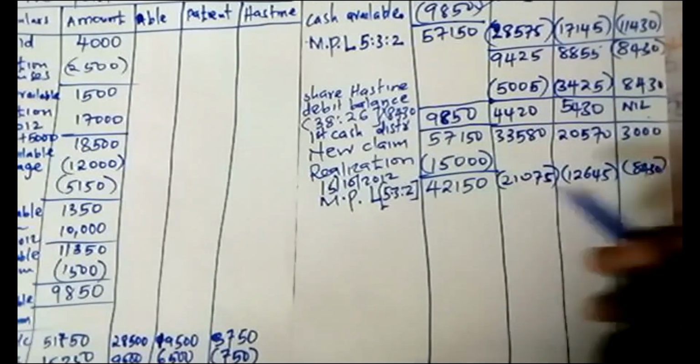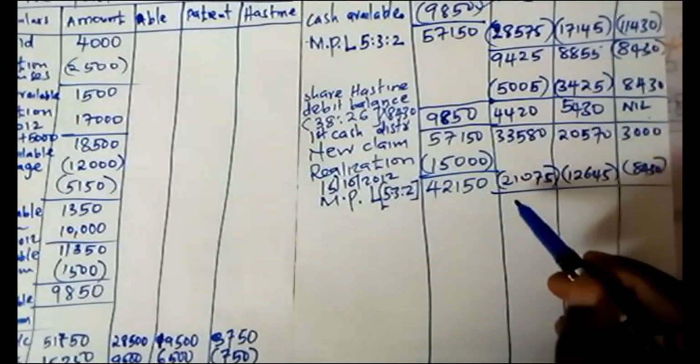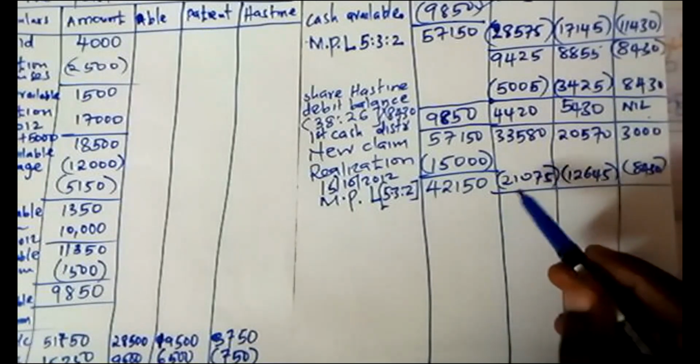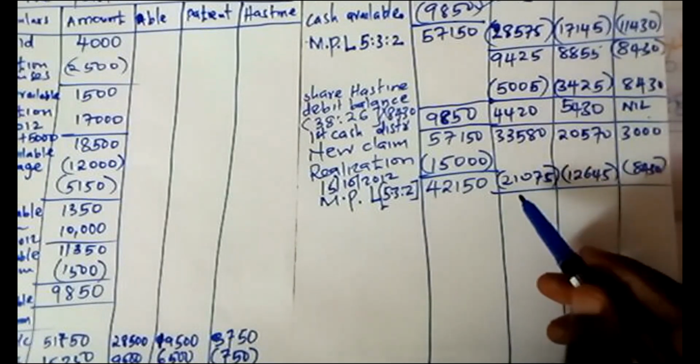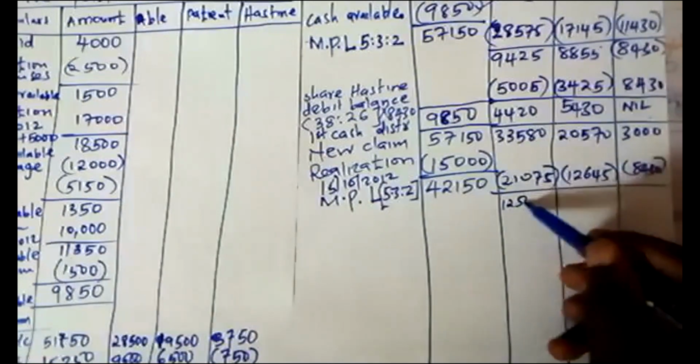Then you subtract from the new claims. The first one is 12,505.